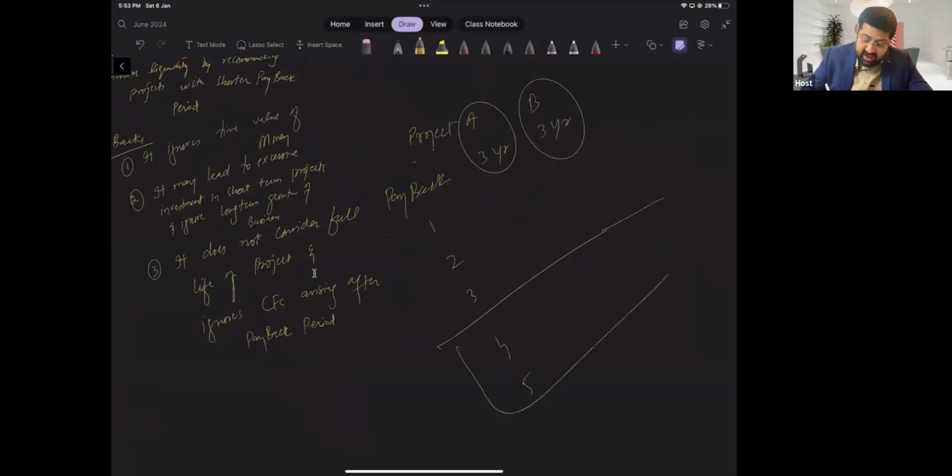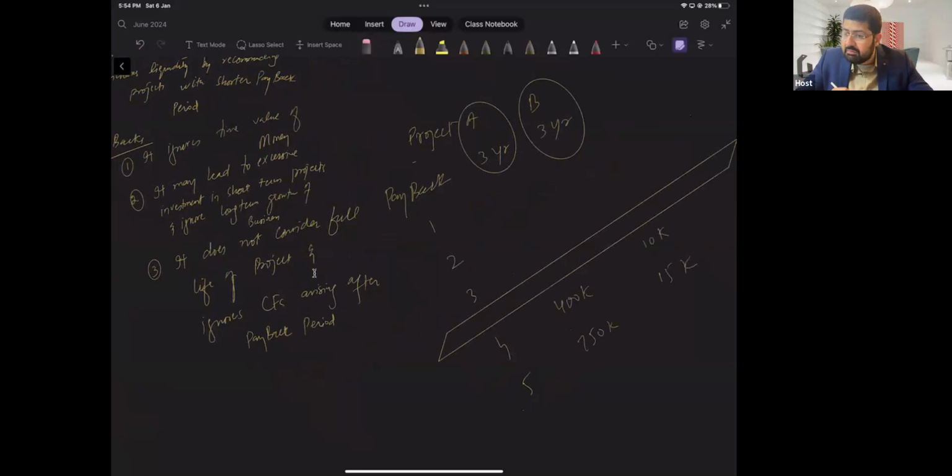It is not talking about what is happening after year 3. For example, project A is giving 400K, 750K, while the other is giving 10K, 15K. So payback does not consider what is happening here. It ignores what is happening after the payback. Hence, it does not consider the full life of the project. This is a drawback as well.